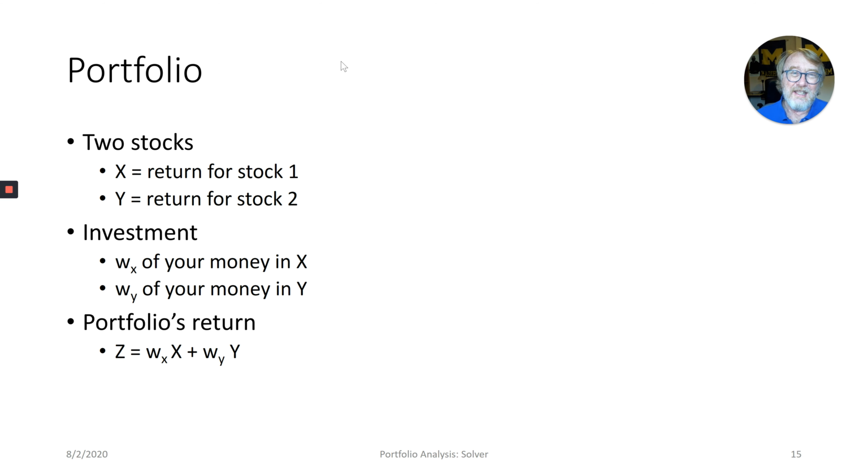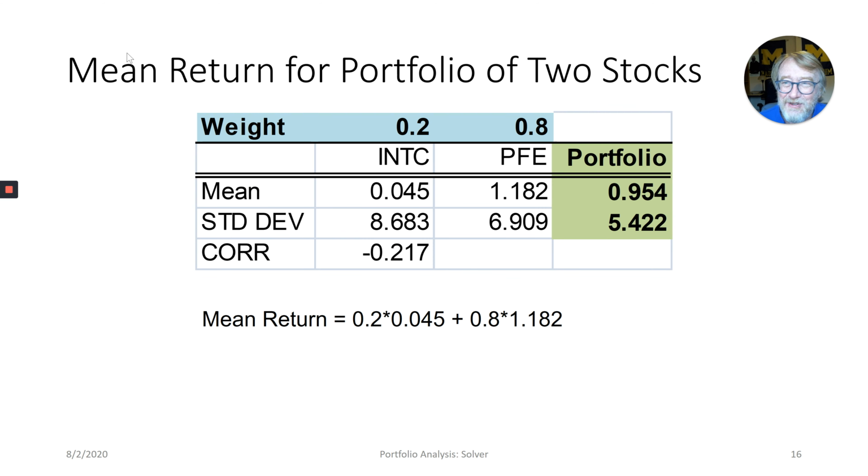So let's take a look at a portfolio example where we have two stocks. X is stock 1, Y is stock 2, and we're investing in X and Y to get Z out. Here are two stocks, Intel and Pfizer. The mean of Intel is 0.045% a year. The mean of Pfizer is 1.182% a year.